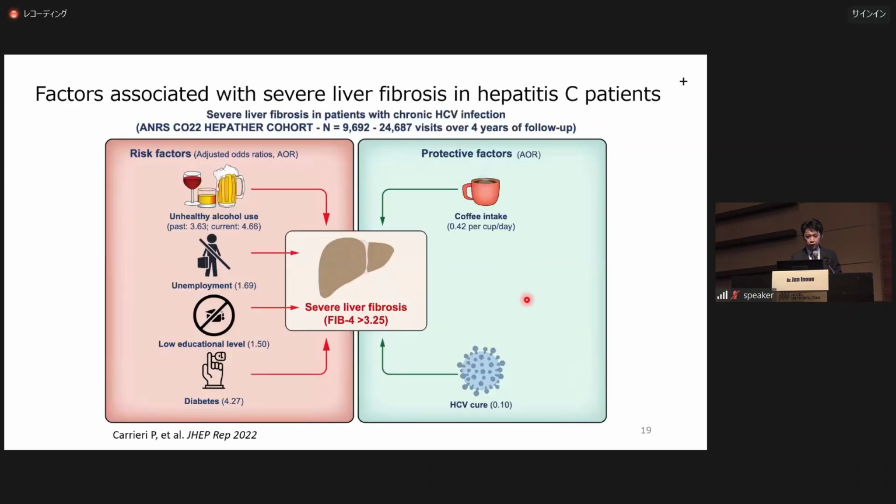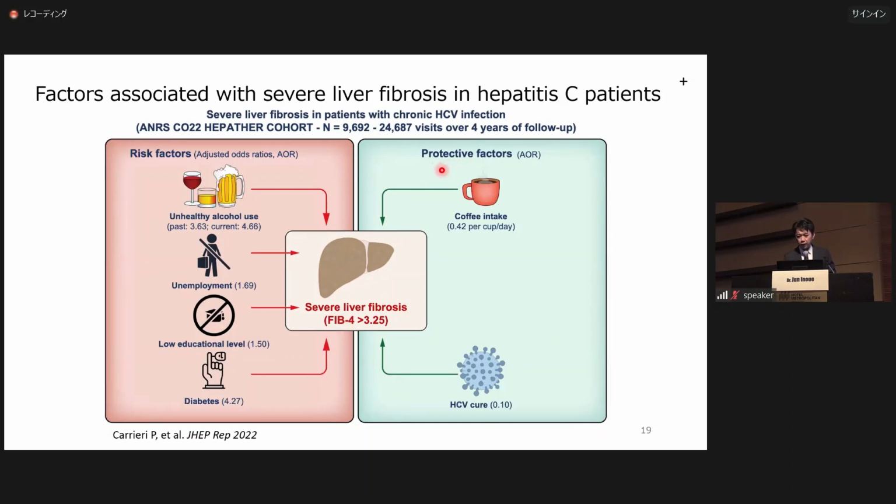This cartoon shows the factors associated with severe liver fibrosis in HCV patients. As you know, unhealthy alcohol use is a big risk factor for severe liver fibrosis, including past alcohol use. And diabetes has an odds ratio of 4.27. Unemployment and low education level were also reported to be associated with liver fibrosis.